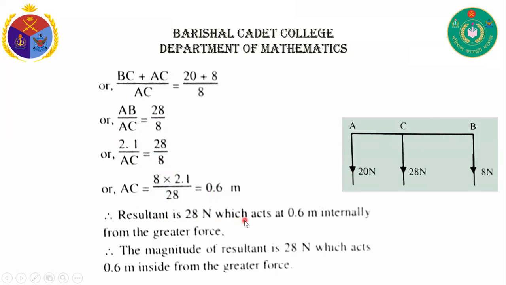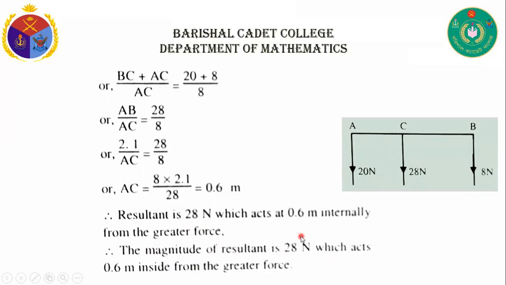So the resultant is 28 Newton, which acts 0.6 meter internally from the greater force. Here AC is the distance from the greater force.